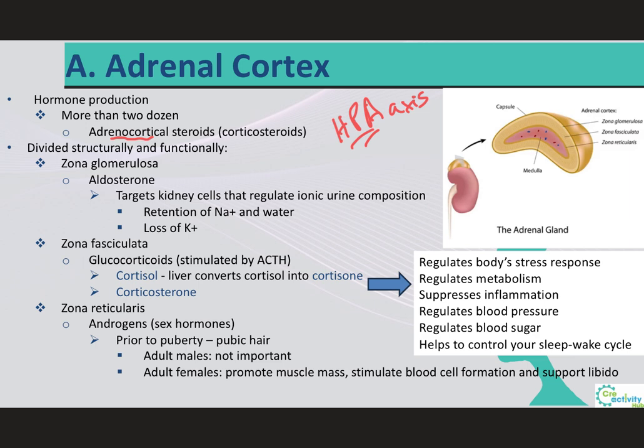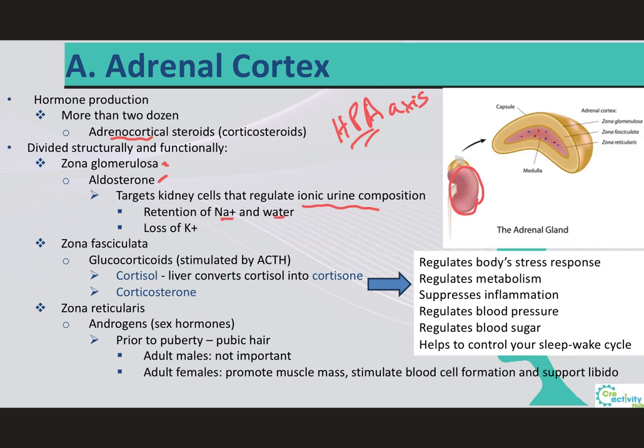Now let's go over what each zona of the adrenal cortex will do. First, we have the zona glomerulosa, which will produce what we call the mineralocorticoids. The main one that they produce is what we call aldosterone. And this hormone will target the kidney cells that regulate the ionic composition of urine. So as a result of this, it will cause the retention of water and sodium ions.